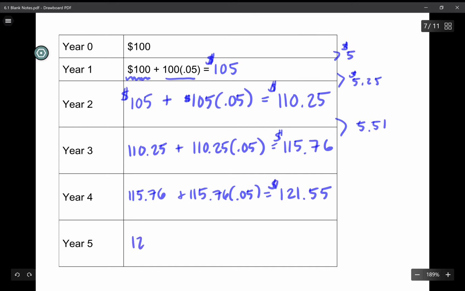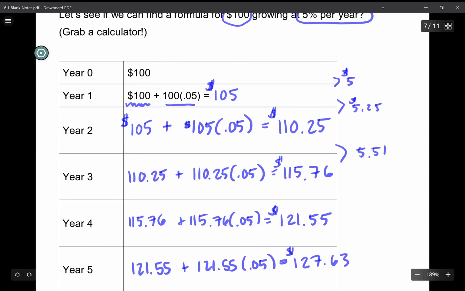One more time. 121.55 plus 121.55 times 0.05 is $127.63.